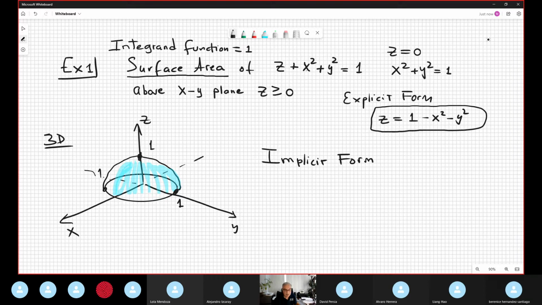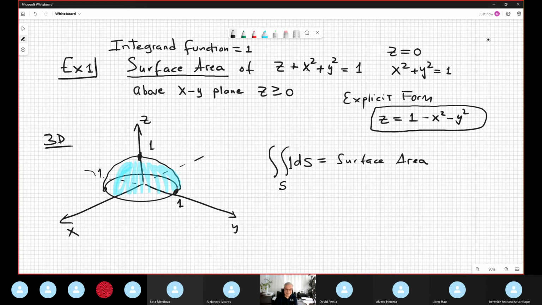Basically, sorry, I forgot to say that the most important is that the surface integral that I want to compute now is a surface integral, and the surface S is this. Yes. Because the integrand function is 1. Because I want to find the surface area. Cool?